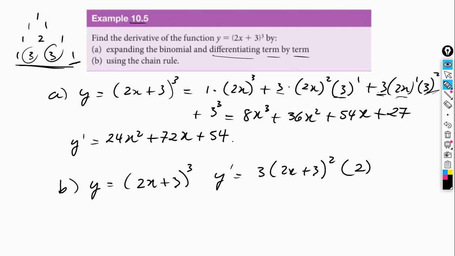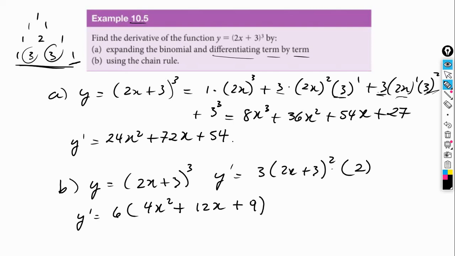So notice that the derivative would be equal to 6 times, and this one is easier to do because this is just to the power of 2. So we're going to have 4x squared plus 12x plus 9.